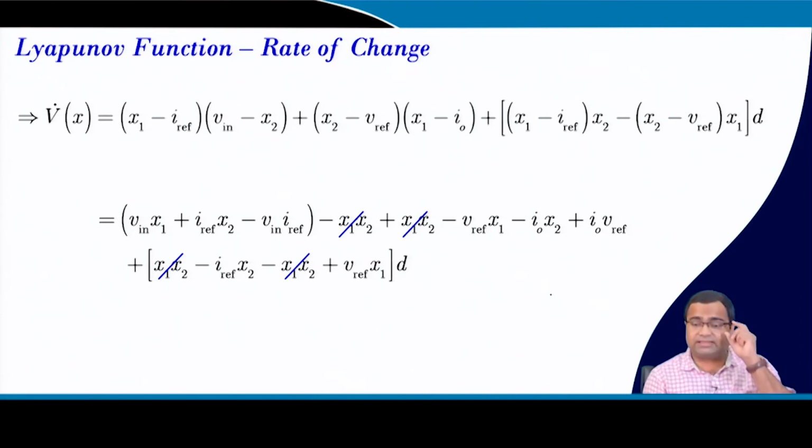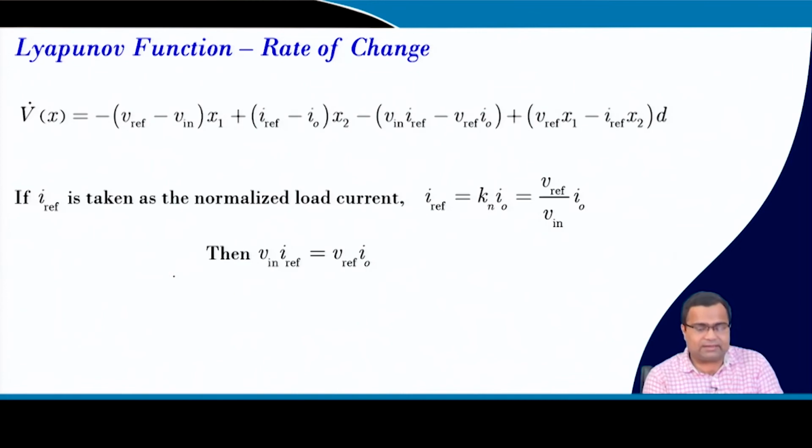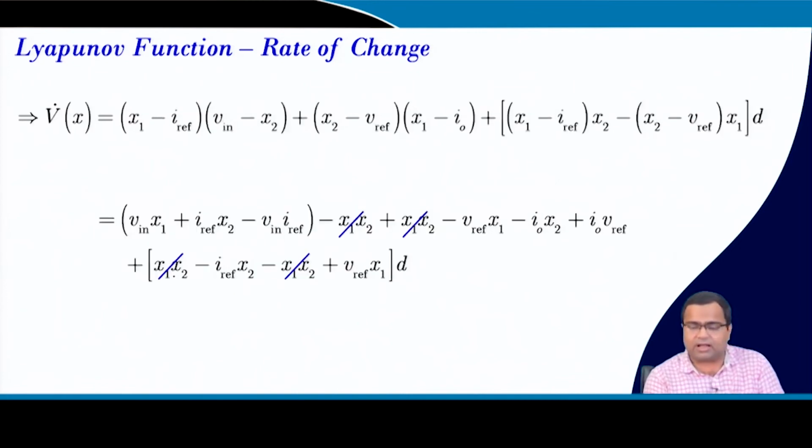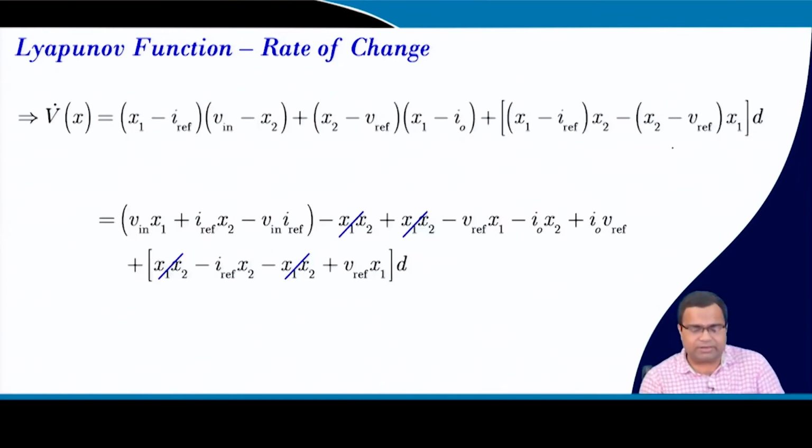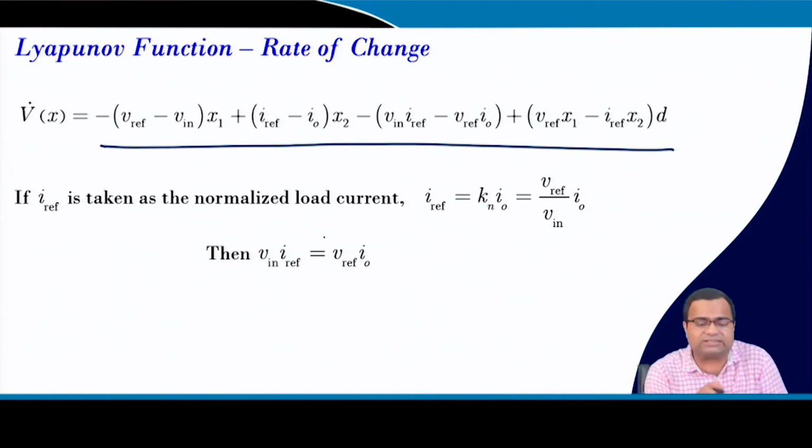And if we rearrange this function, the cross terms are eliminated and we get this kind of structure.